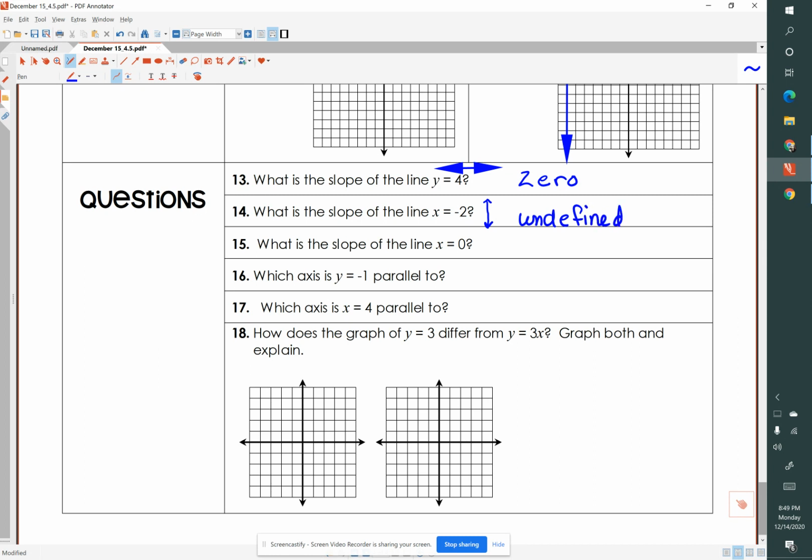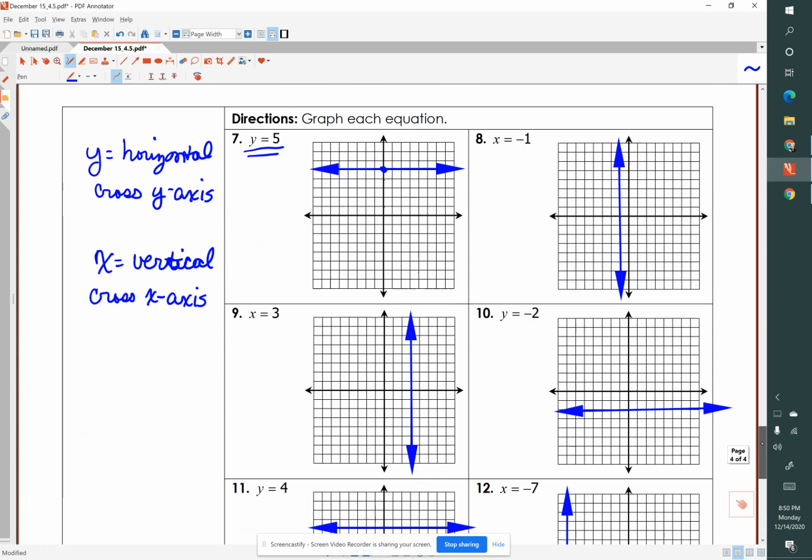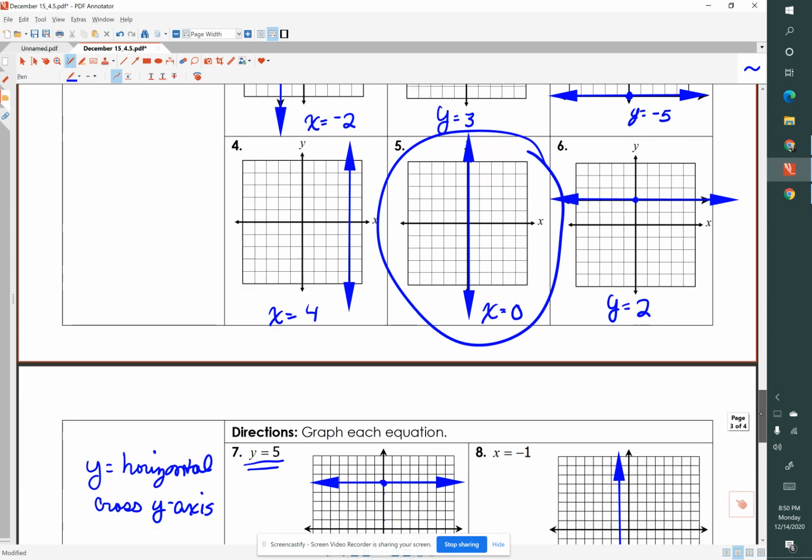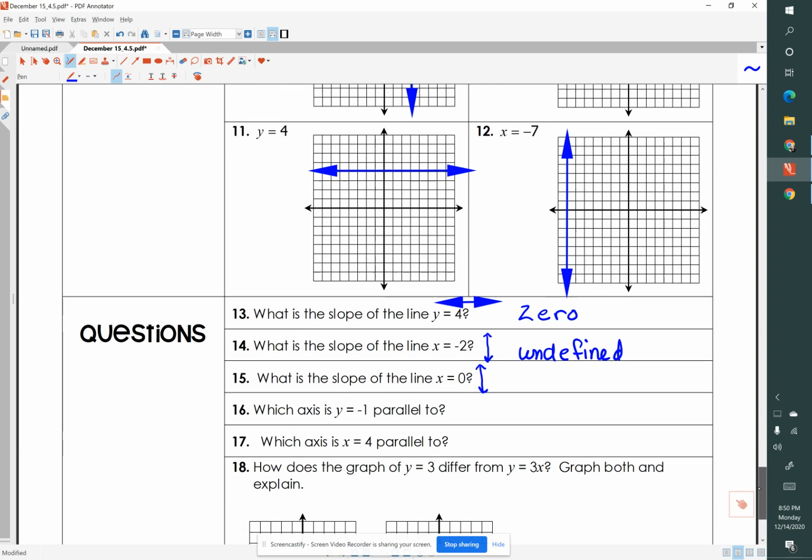You all know that a vertical line is undefined. So that would be the same for x equals 0. X equals 0 is a vertical line on the y-axis. We actually have an example of that right here. X equals 0, a vertical line on the y-axis. So again, the slope of that would be undefined.